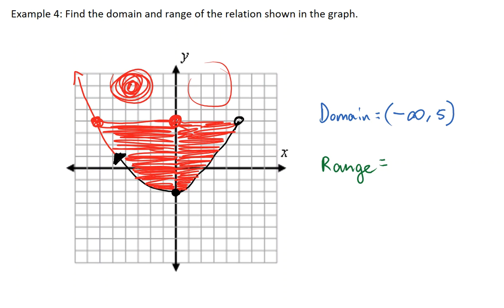So my range will be -2 to infinity, because I'm starting down here at -2 and I'm going forever up. Go ahead and give some of these a try and see how you fare.